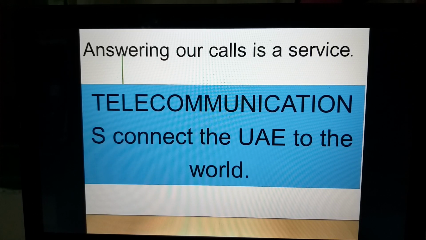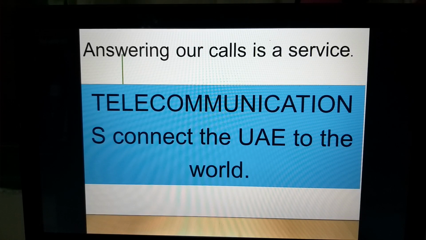A communication over a distance by cable, telegraph, landline and mobile phones, internet, broadcasting, applications like Zoom, FB Messenger, WhatsApp, and other similar things. Telecommunication services allow people to connect with others in and out of the country.